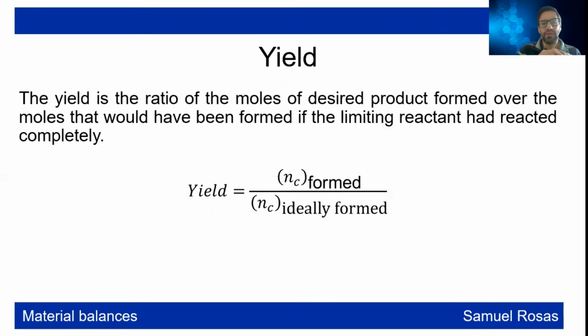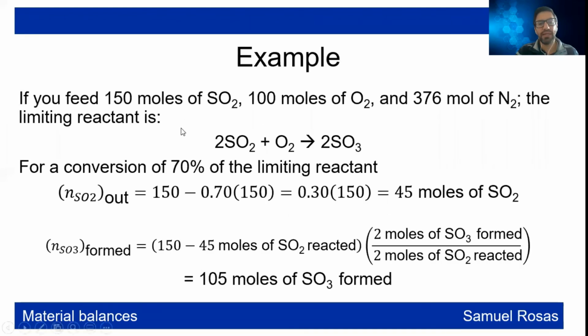And then you have the concept of yield, which is the ratio of the moles of the desired product formed over the moles that would have been formed if the limiting reactant had reacted completely. So in our example, once again, you know that 45 moles of SO2 are going to go out because that's at the 70% conversion. 30% of the 150 went out, 45 moles. And from these, 150 minus 45, 105 reacted. And from the ones that reacted, you know that 2 moles of SO2 reacted form 2 moles of SO3, okay?